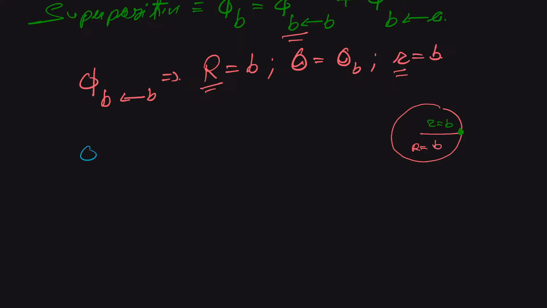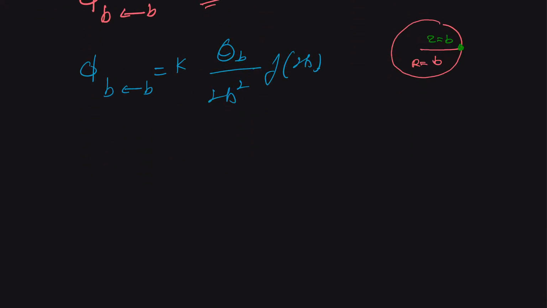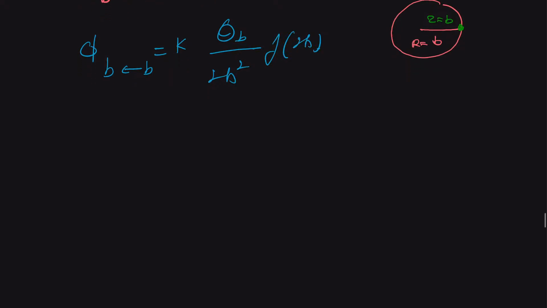Okay. So this is the major. So therefore we can say the potential at B because of B will be equal to K, charge is our QB, and this becomes about 2B square, and this is a function of twice B. Okay. Now we come to our outer part.